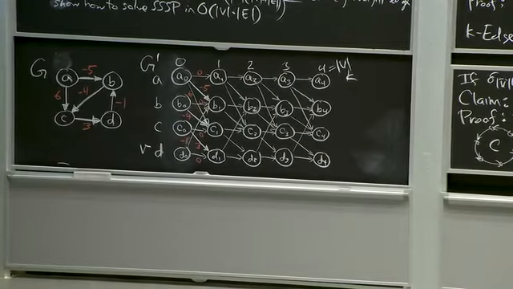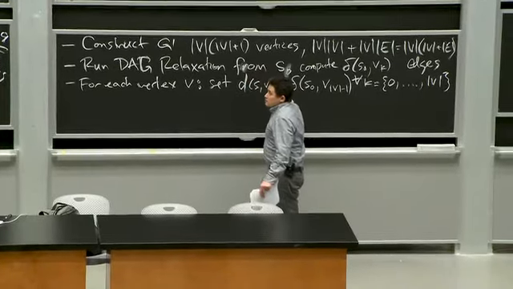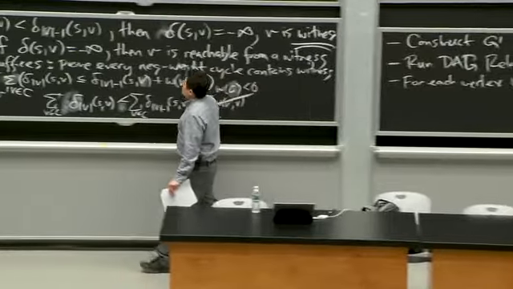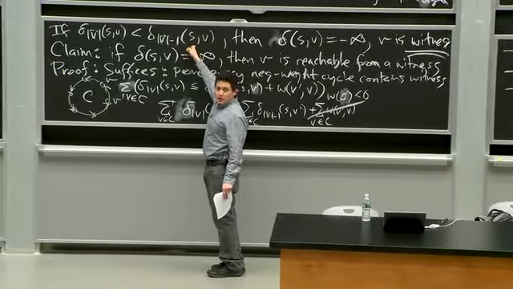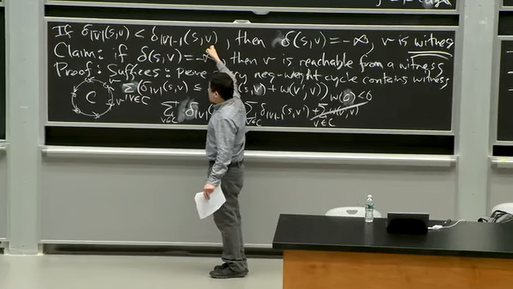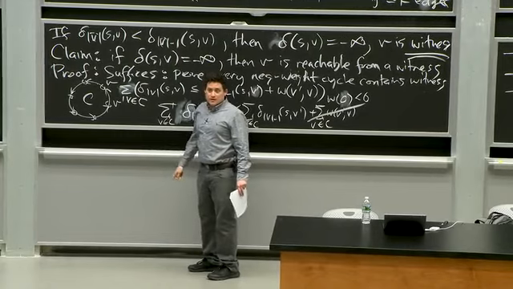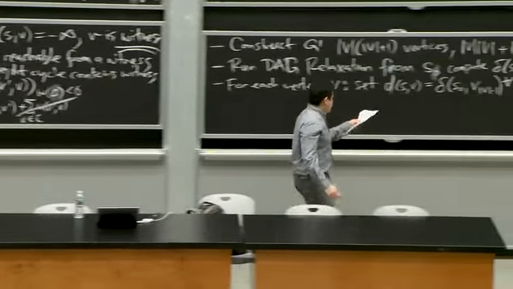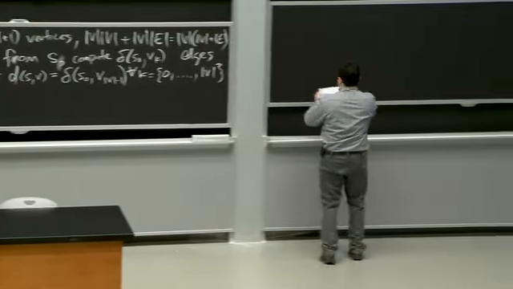The hope is that this distance in my DAG corresponds to this distance in my original graph, right? The distance to v using at most v minus 1 edges. So that's the claim we're going to prove in just a second. I'm going to write it down just to continue our train of thought.